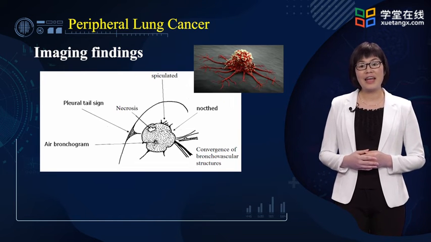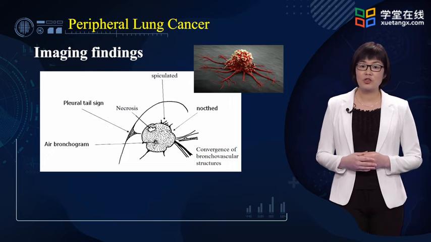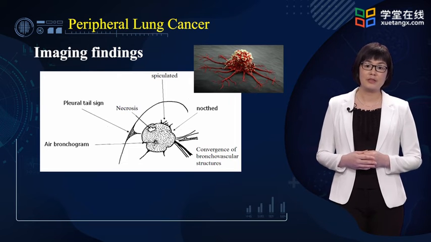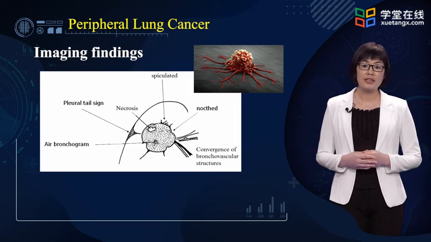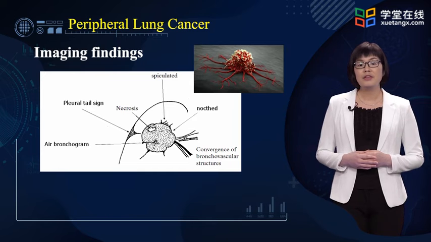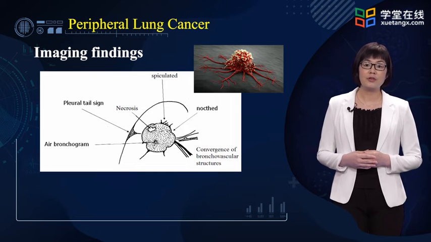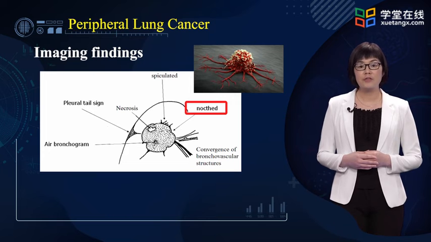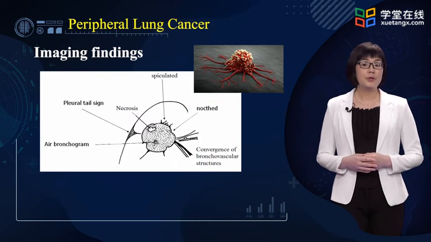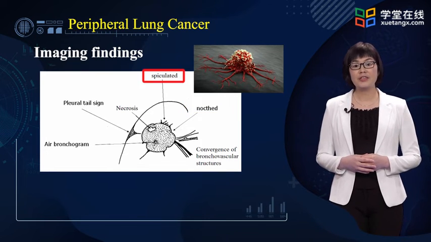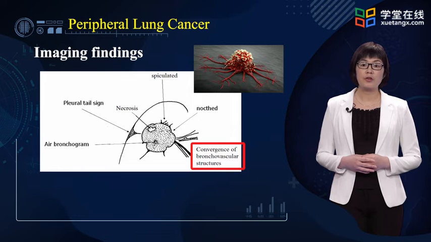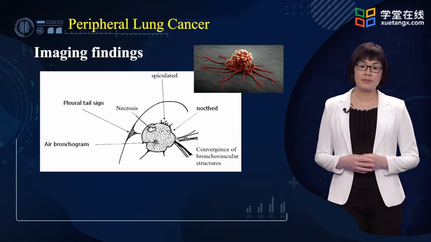It can be of any size, but if it is larger than 4 cm in diameter, the possibility of malignancy is high. The neoplasm is mostly irregular in shape, with visible lobulation and notch configuration. The border can be ill-defined, spiculated, and convergence of bronchovascular structures can be seen.